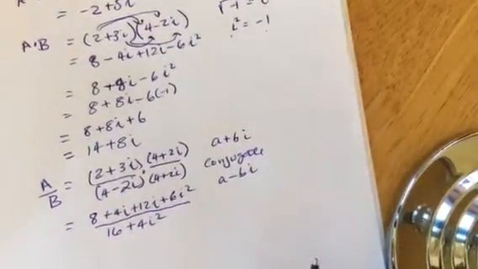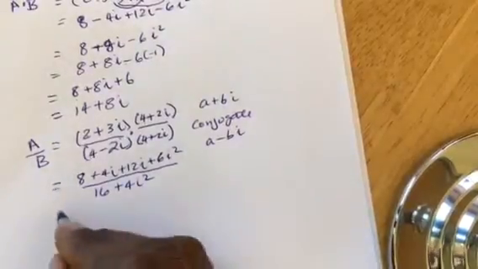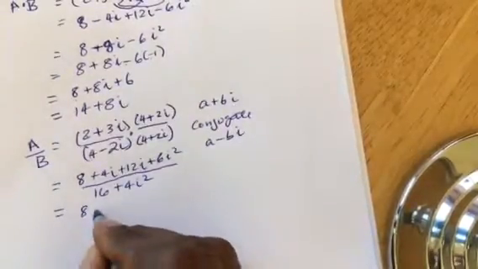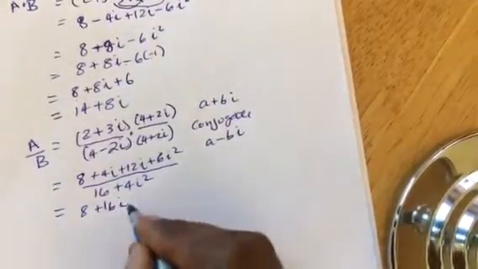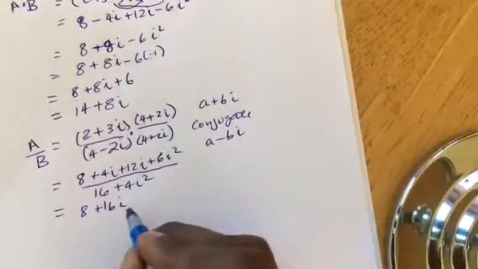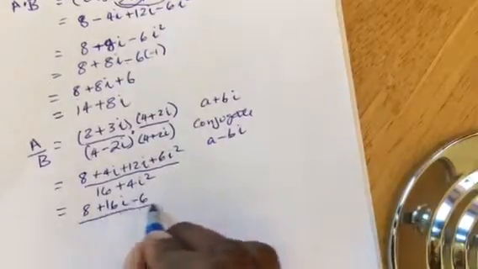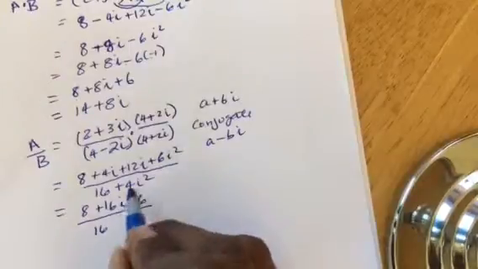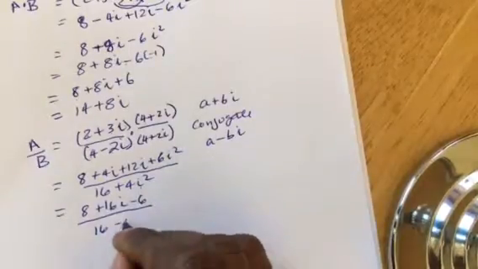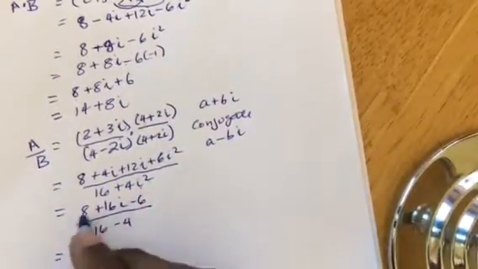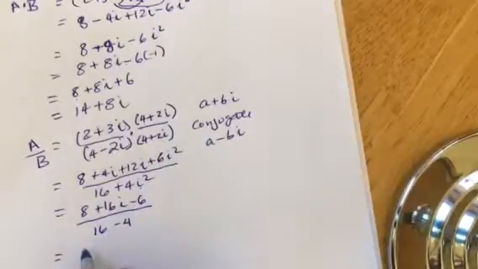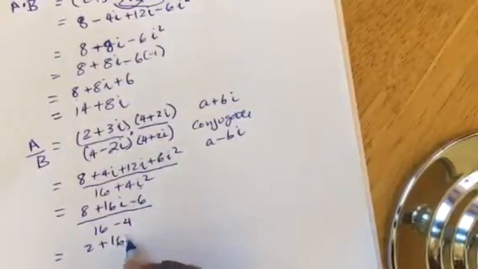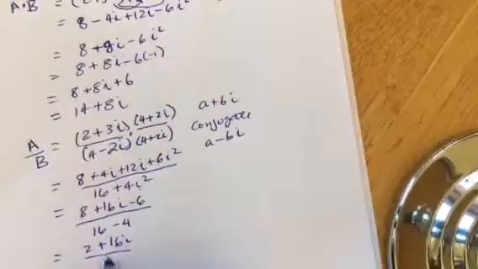So let's continue to simplify this. So this would be 8 plus 16i, and then i squared is negative 1, so this would be minus 6, all over the denominator. The denominator would be 16, and then i squared is negative 1, so this would be just minus 4. So this would be 8 minus 6 is 2 plus 16i, and then the denominator is just 8.